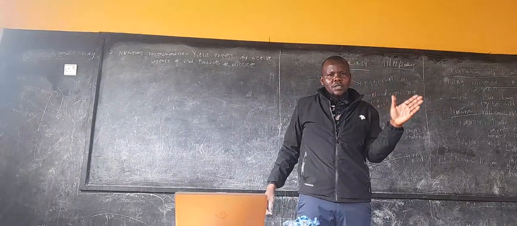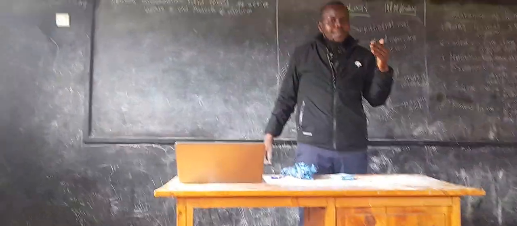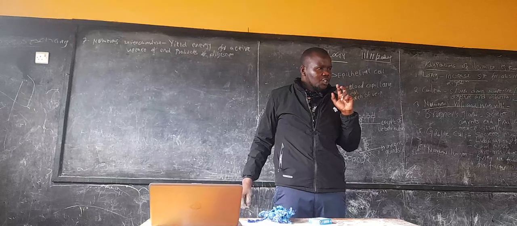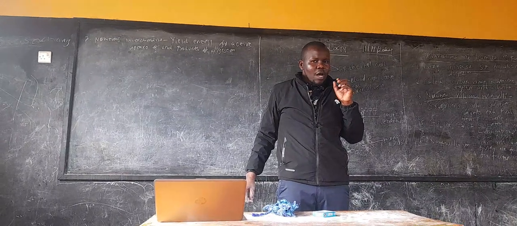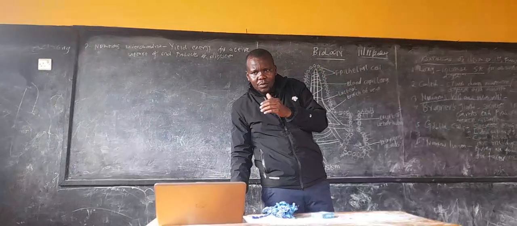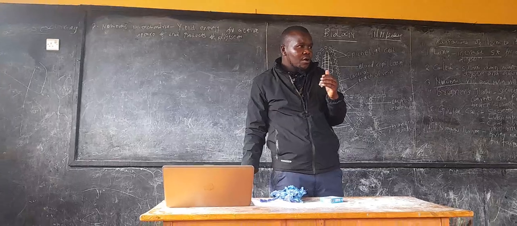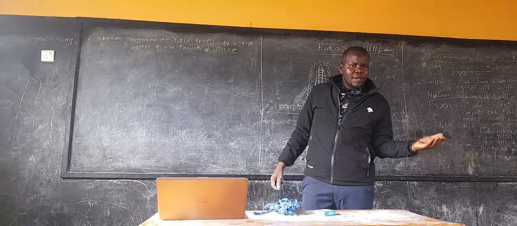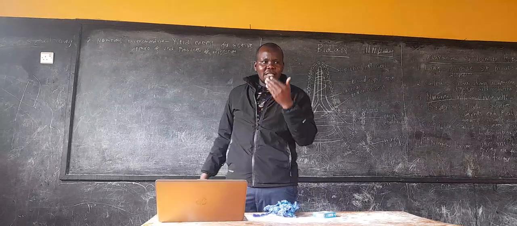Here we require energy. We are taking the products of digestion to the bloodstream. For active transport to happen, it means it's more in the bloodstream and less in the digestive system, that is in the ileum.